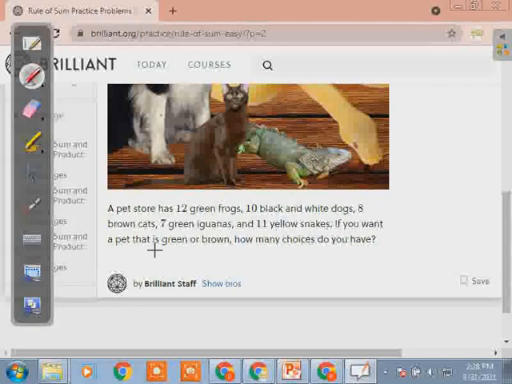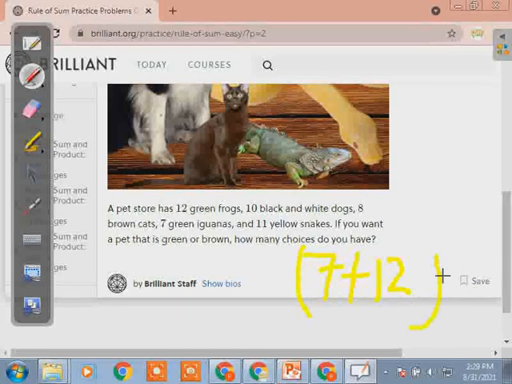So here, if we want a pet that is green or brown, we can simply add those 2. So we have 7 iguanas and also 12 green frogs. So those are of green type, and for brown we have 8 brown cats, so we add 8.